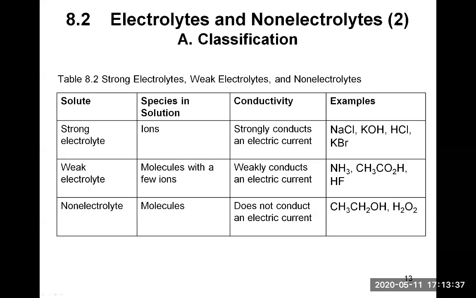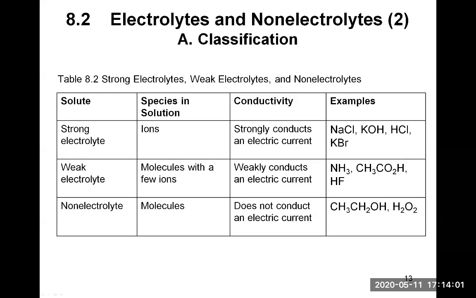And there are all kinds of examples of that. Typically it's salts that are soluble in water, like NaCl, KOH, HCl, KBr, all dissociating completely in water to form aqueous solutions of ions that can carry the electricity strongly.